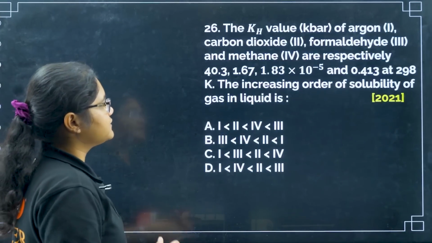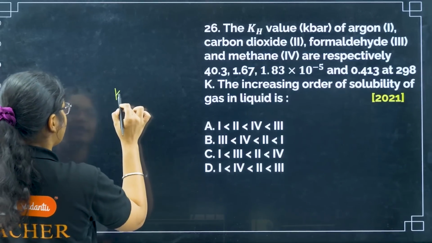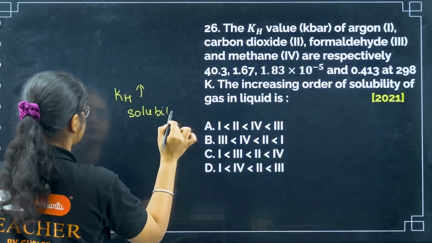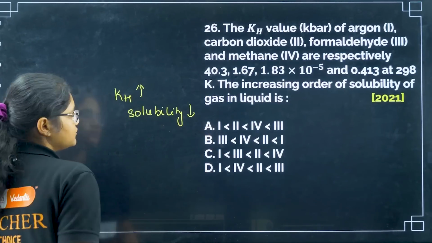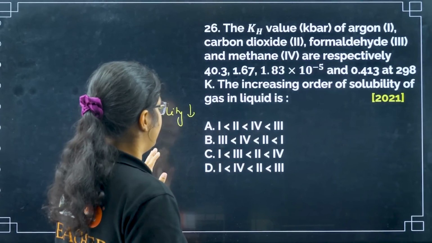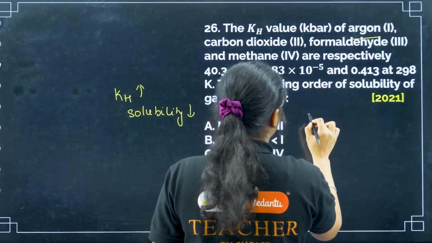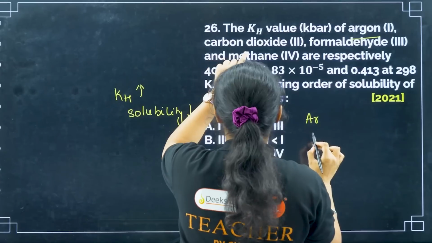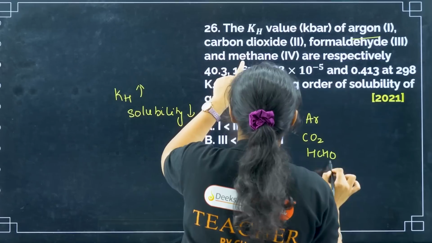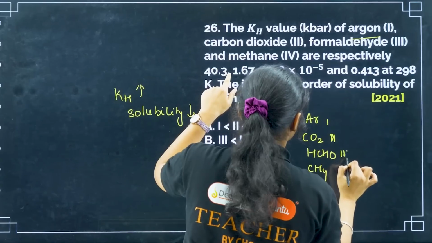Next, KH values are given and you have to arrange them in the order of their solubility. If the KH value is more, then solubility will be less. First we find the highest and lowest and eliminate certain options. Let me write down the values here: argon, then carbon dioxide, then formaldehyde, and lastly methane. So this is 1, 2, 3 and 4.